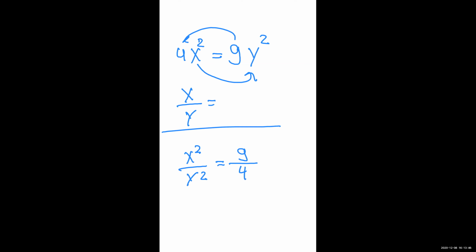So the square root of x over y will equal positive or negative square root of 9 over 4, which is equal to positive or negative 3 over 2. So the right choice here is letter, what is 9?